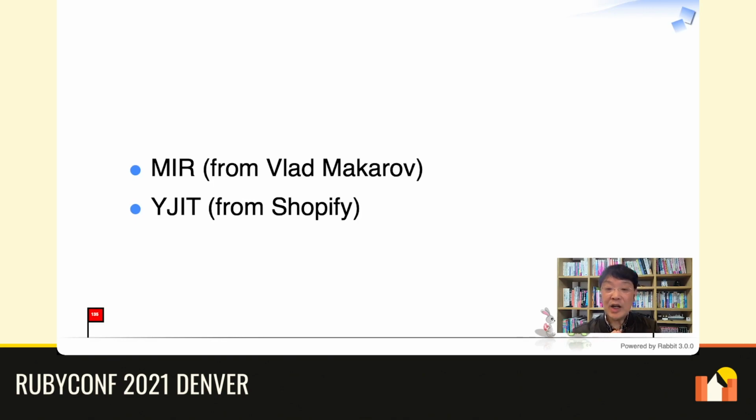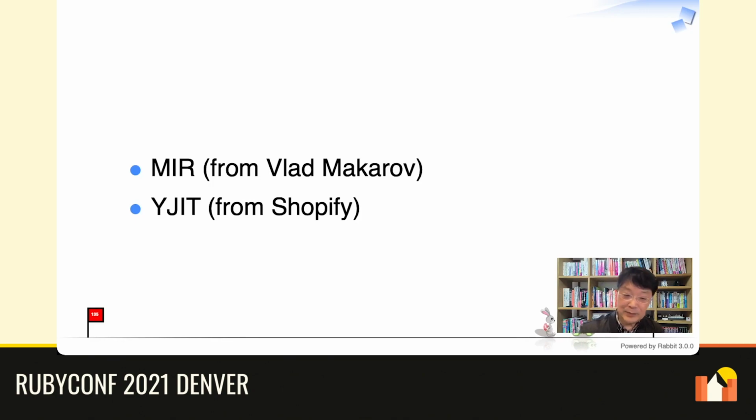We are now working on integrating YJIT into Ruby 3.1. But time is limited. I'm not sure they make it or not. But YJIT will be integrated sooner or later, so maybe in 3.1 or maybe in 3.2, but we are going to have it anyway.